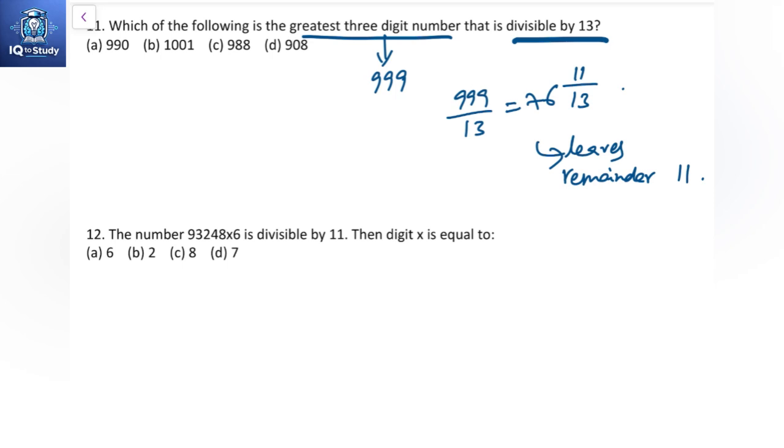So greatest 3-digit number divisible by 13 is equal to 999 minus 11, which is equal to 988. So option C is the answer. Here we are just subtracting the remainder from the greatest 3-digit number to obtain the answer.